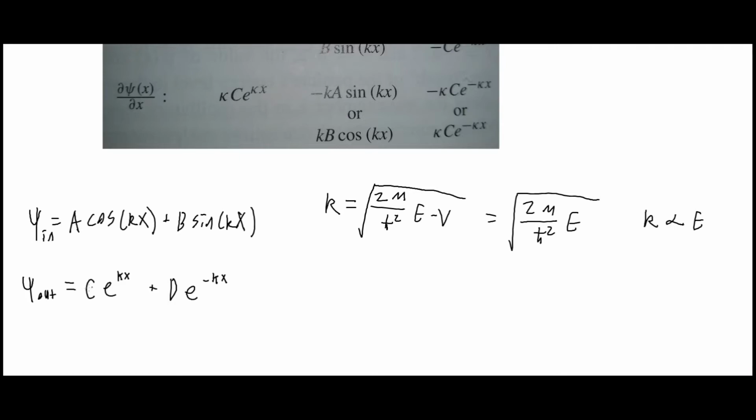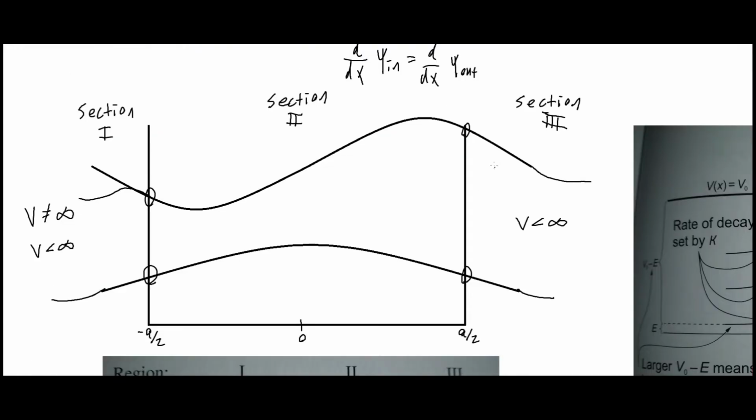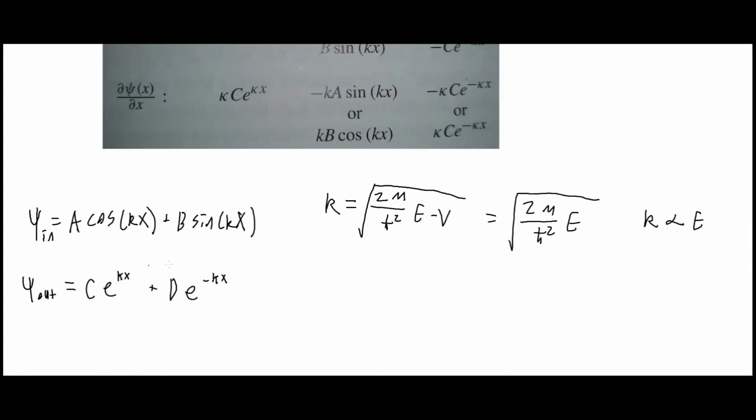And we know that on the right side, if C is not 0, then this e to the kappa x is going to keep growing exponentially and go to infinity. So on the right side, we have the boundary condition that C has to be equal to 0.